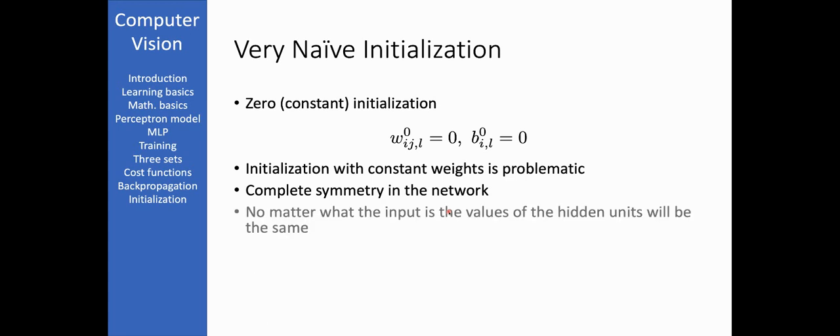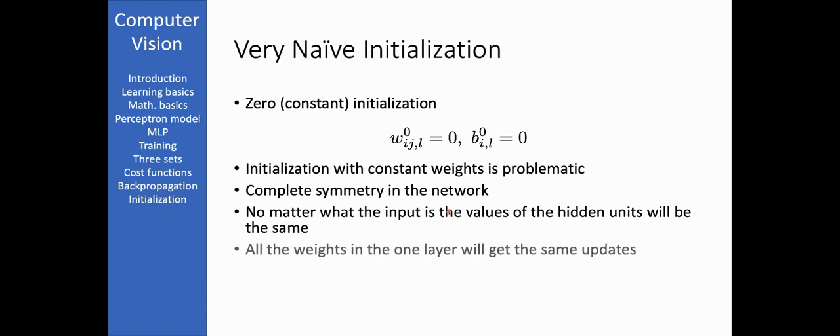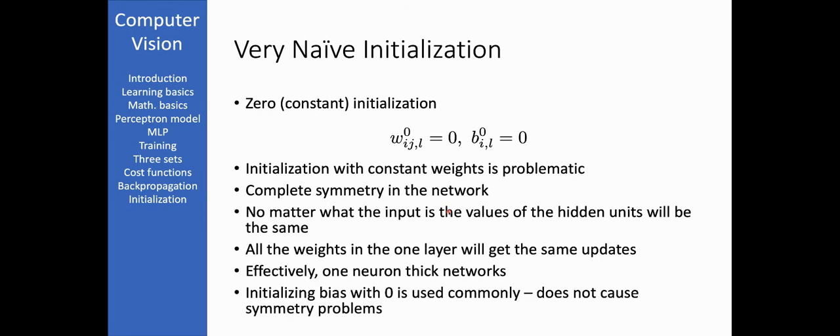That basically means that no matter what the input value is, all the hidden units will evolve to be exactly the same value. That means all the weights will exactly get the same updates. Effectively, I will create a network with only one neuron thick. So each of my layers would only be one neuron. So that's quite bad. Initialization of the bias, on the other hand, is often set to 0. That's commonly used, and that doesn't cause the same symmetry problem.